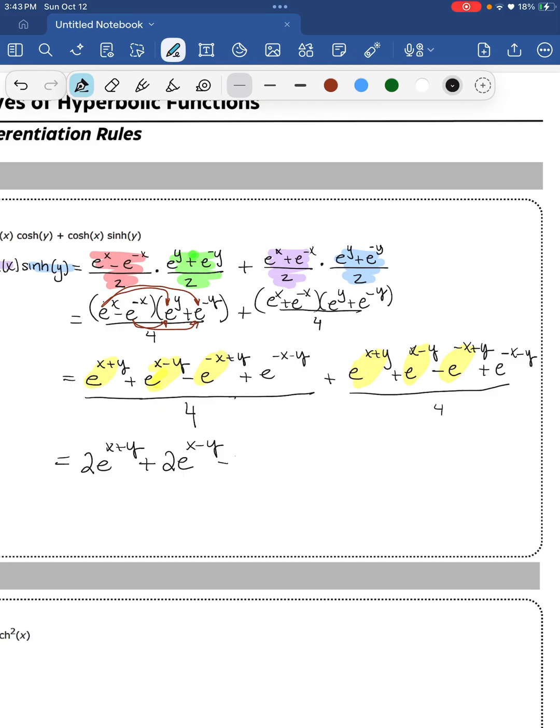Then we end up with e to the negative x positive e to the y, so positive e to the negative x. So that's positive here. And then last but not least, those two, which will be a negative there.